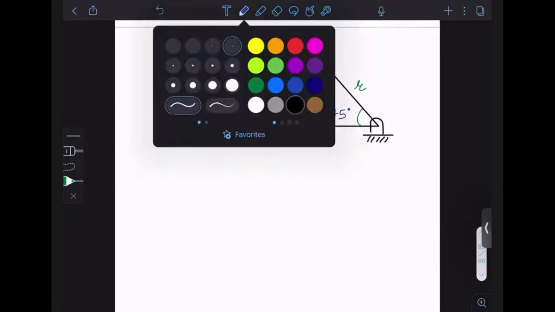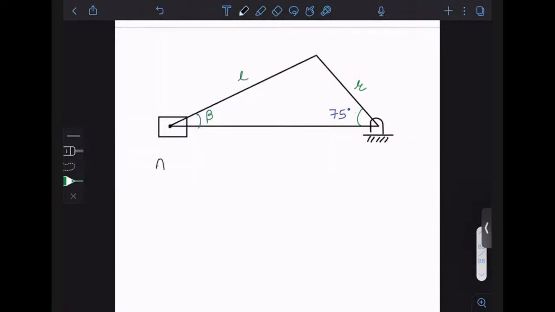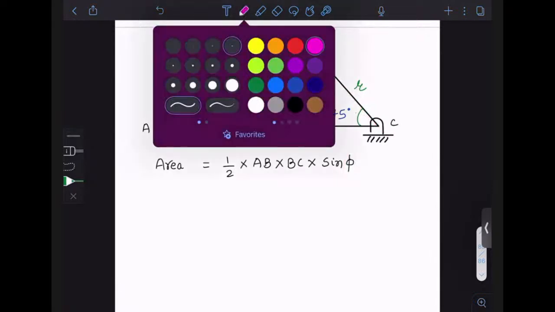Area of this triangle is equal to 1 by 2 AB into BC into sine phi, suppose you name it A, B, and C and write the angle as phi. Phi is the angle between AB and BC.